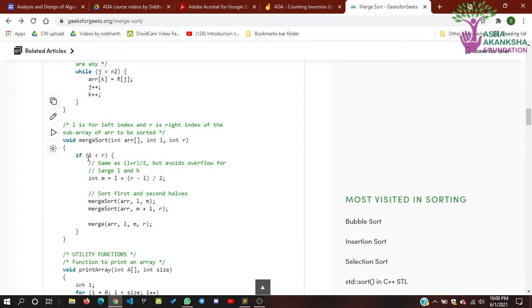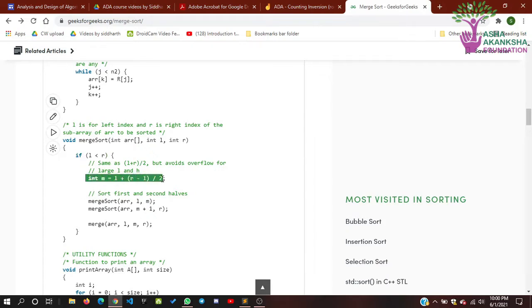If the lower limit is less than the upper limit, then only we have to do the sorting. Otherwise, there can be only two cases. Either L is equal to R. In that case, there is only one element, and we do not have to do any sorting. Or L is greater than R. In this case, the indexes are invalid, and hence we do not have to do any sorting.